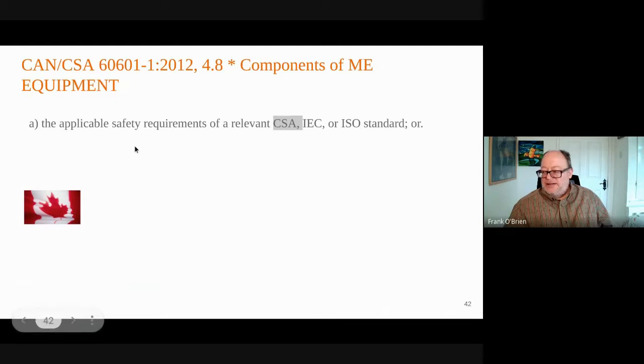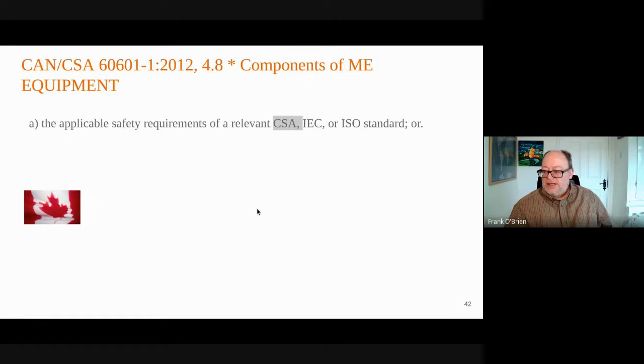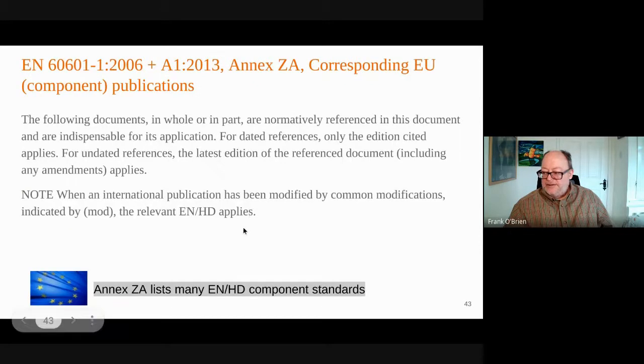In the Canadian version, the applicable safety requirements of the relevant CSA, IEC or ISO standard, or B. So they put CSA in there rather than ANSI. And Europe didn't modify 4.8.